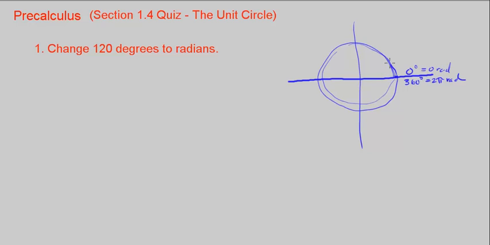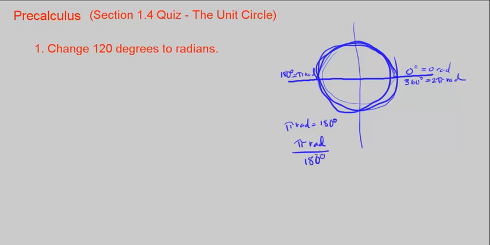So we know around the unit circle, if we go halfway, that is half of 360 degrees, so that's 180 degrees, or half of 2 pi radians. And so using these, if we know pi radians is equal to 180 degrees, then pi radians divided by 180 degrees equals 1, right?